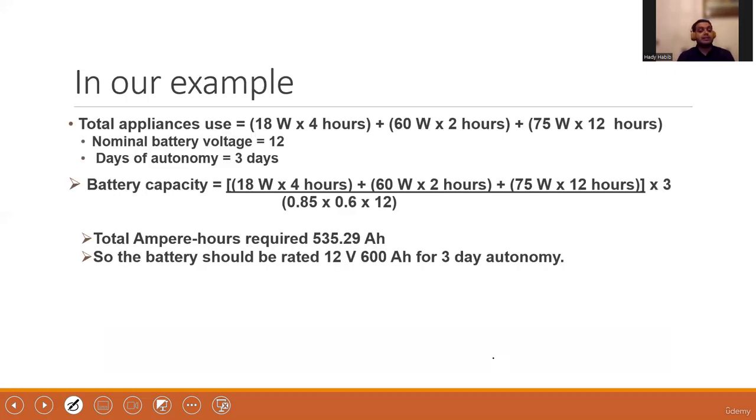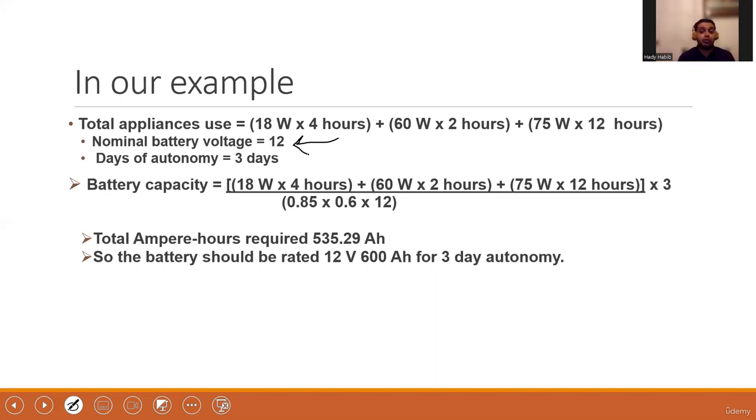The total appliances, as we calculated, is 18 watt multiplied by 4 for the fluorescent lamp, 60 watt multiplied by 2 for the fan, 75 watt multiplied by 12 for the fridge and the compressor in the fridge. The nominal battery voltage here, as I mentioned, we are going to use as 12. We could use 24 or 48.